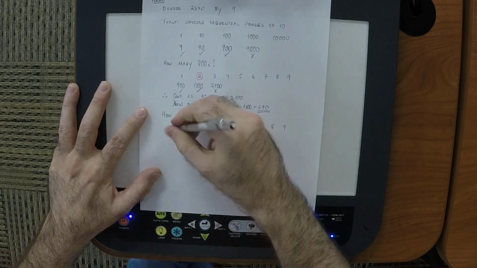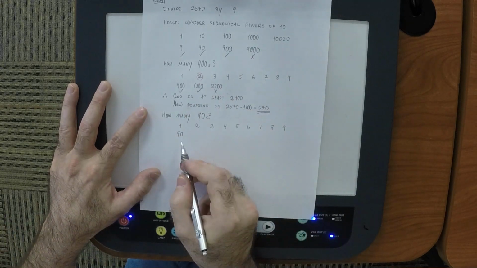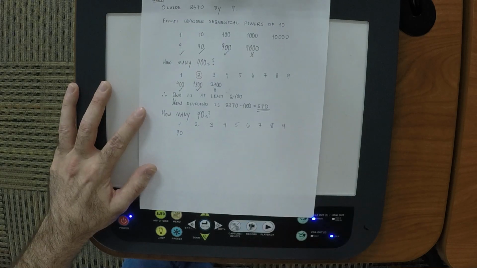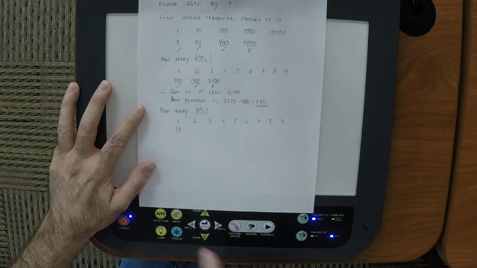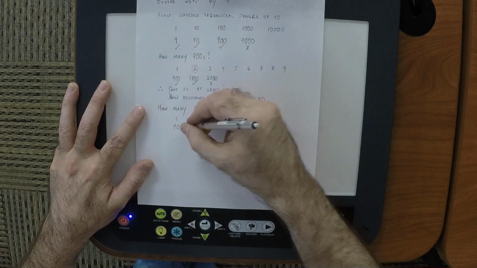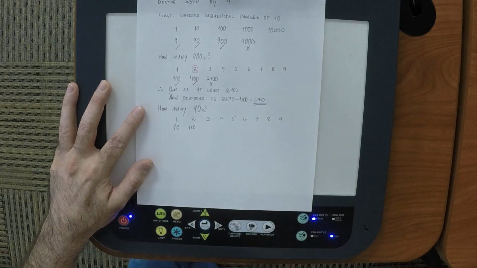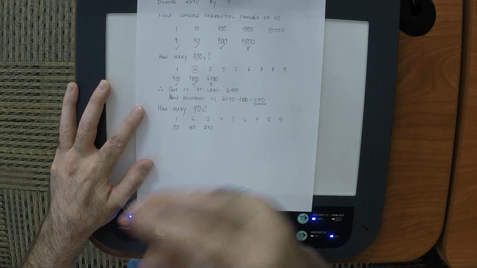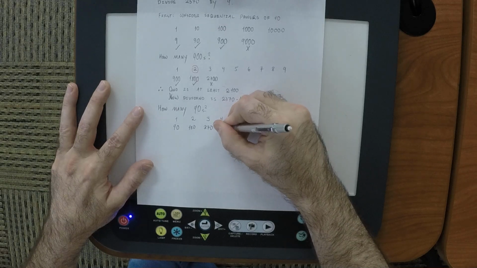All right. So then are we able to take 90 from 570? So we can take 90. Can we take 180? Yeah. Can we take 270? Yeah. What's next? 360?